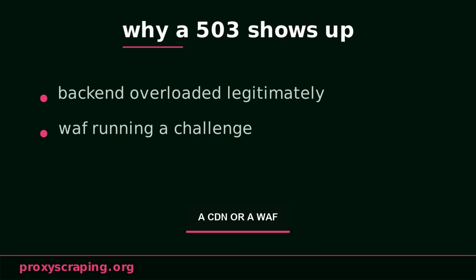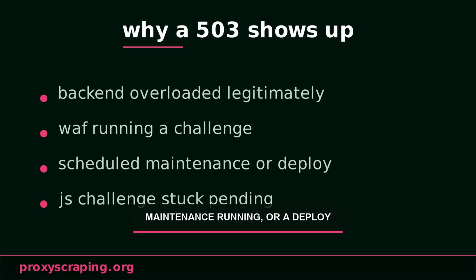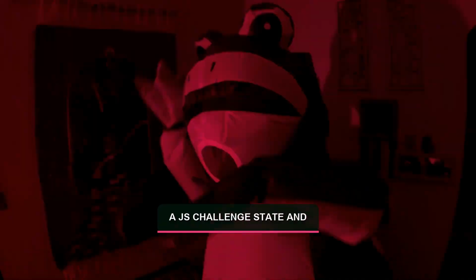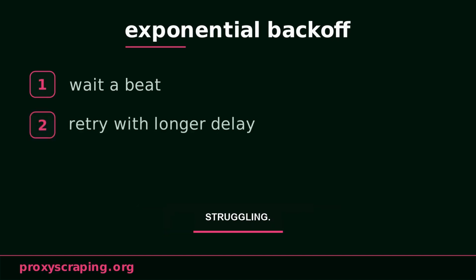A CDN or a WAF could be sitting in a challenge mode, issuing 503s to everyone while it verifies traffic is real. There could be scheduled maintenance running, or a deploy in progress that's temporarily taking the service down. A site's bot management layer can also hold a connection in a JS challenge state and keep returning 503 until that check passes, which looks identical from the outside to a server that's just struggling.